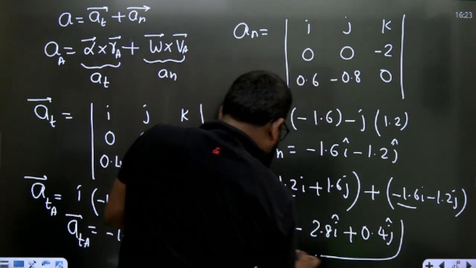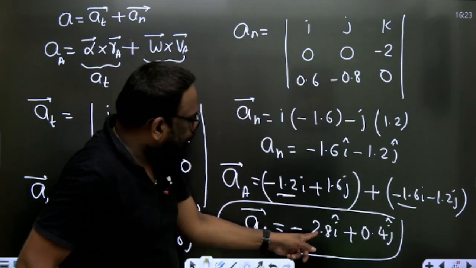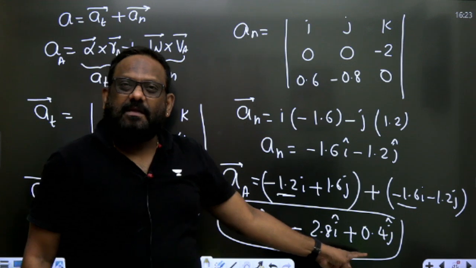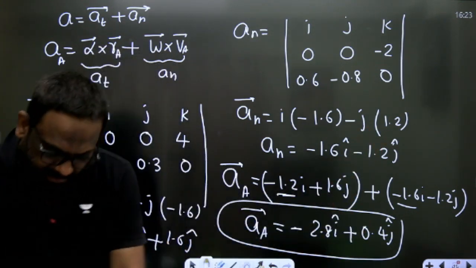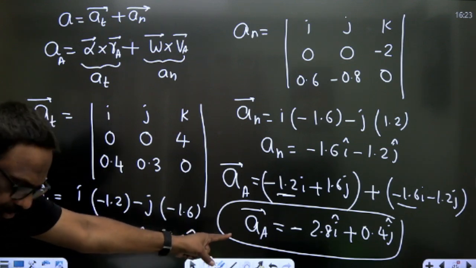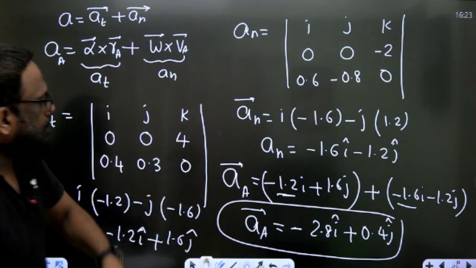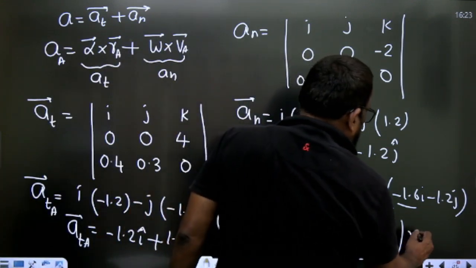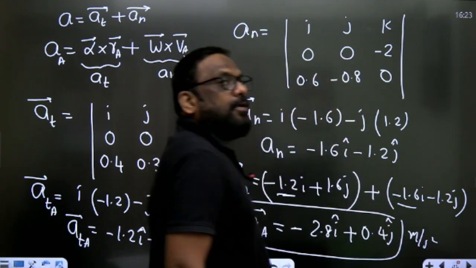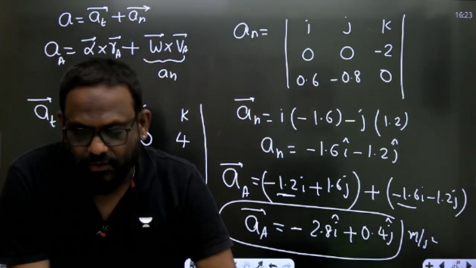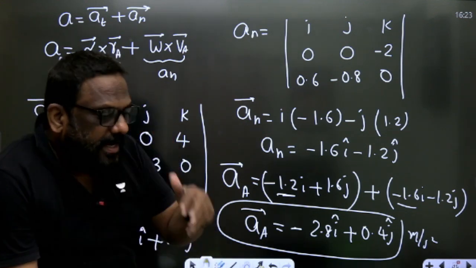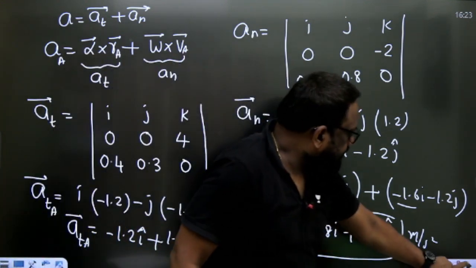And if you want the magnitude, it is the square root of 2.8 squared plus 0.4 squared, you get the answer. So the answer is in meter per second square. Why? Because the position vector is in meter. This is also a good question. Very good. Now let's move to the next question.